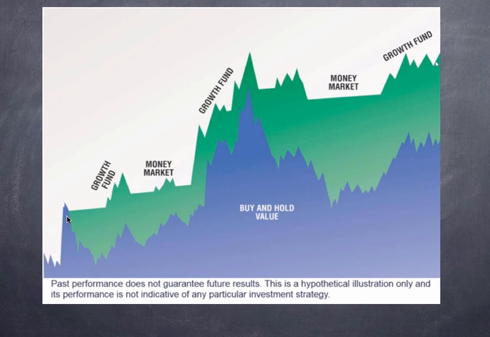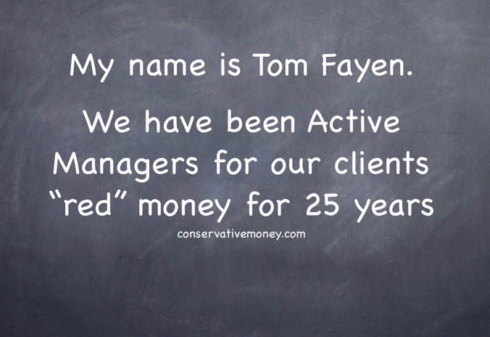The tactical, technical, active manager will go to a money market and back into a growth fund, into a money market, back into a growth fund, money market, growth fund, money market, etc. This is a hypothetical. Performance does not guarantee any results or performance. It's just a theory on what an active manager may be able to do.